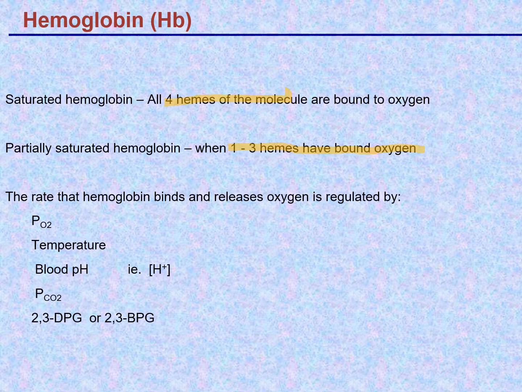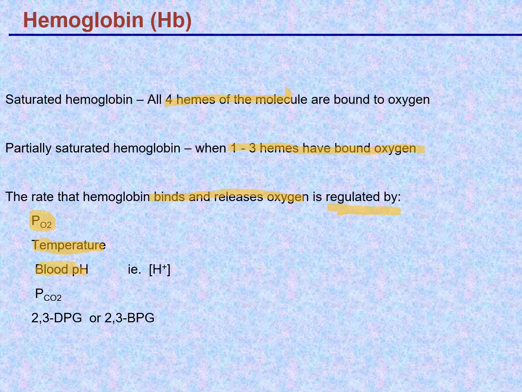The rate, that's speed, in other words, how fast per time that hemoglobin will bind or release oxygen, is determined, it's regulated by the level of partial pressure of oxygen, the temperature, the pH of the blood.